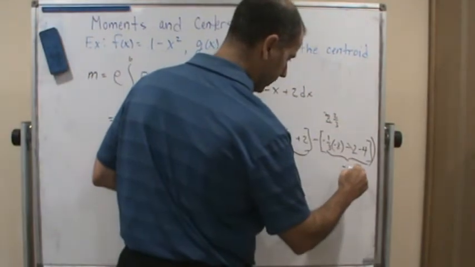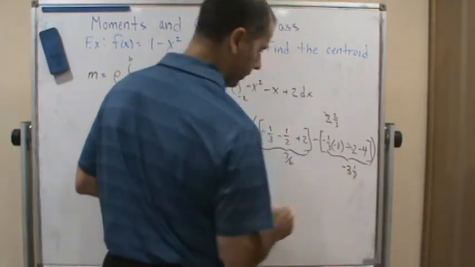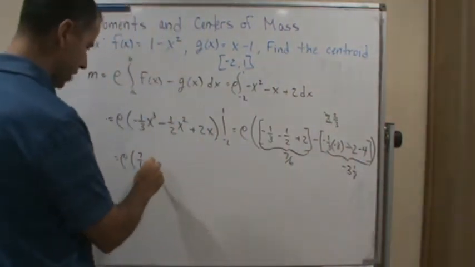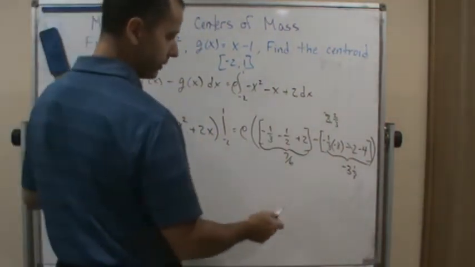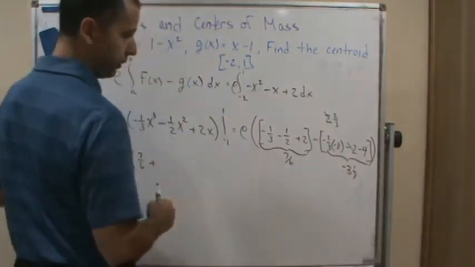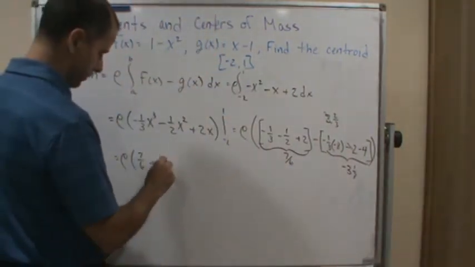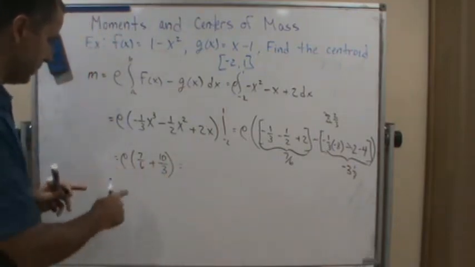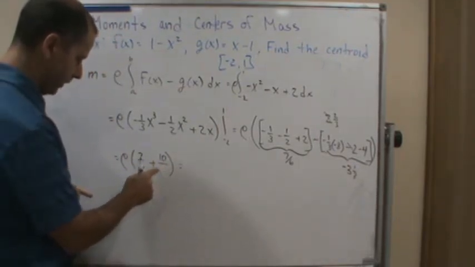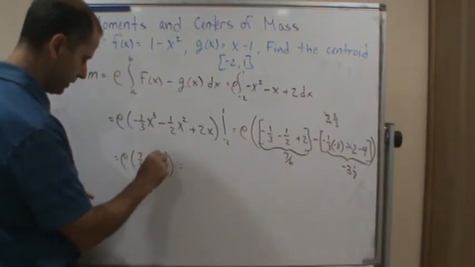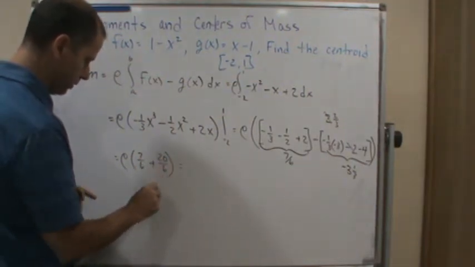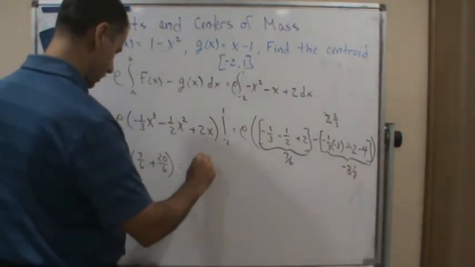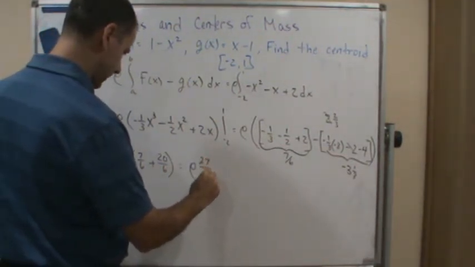But we're subtracting the negative, so that becomes positive. So this is going to be plus 3 1/3, which is 10/3. And of course, this 10/3 becomes 20/6, which is rho times 27/6.